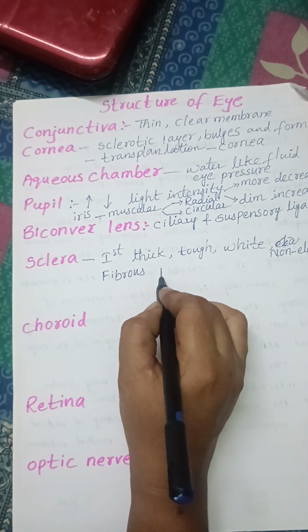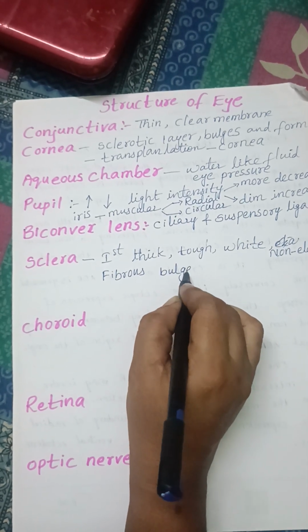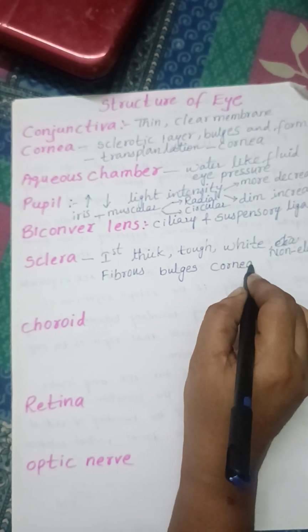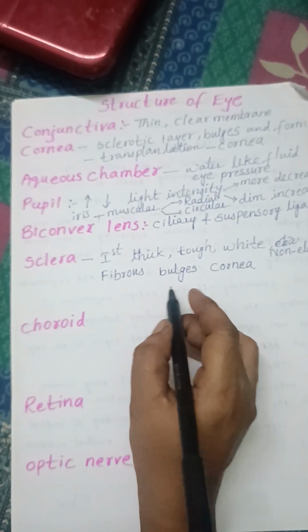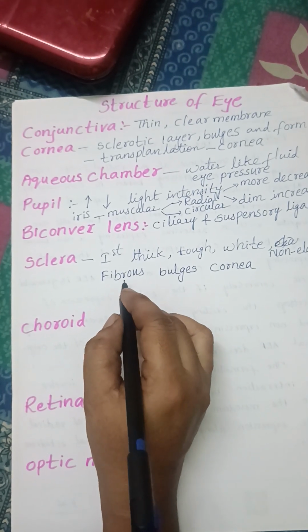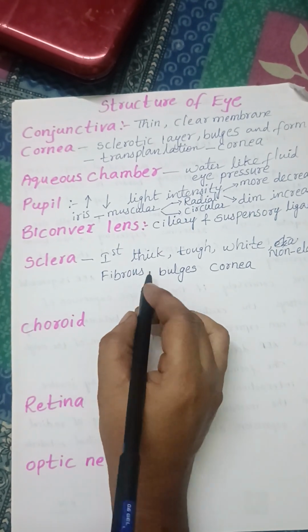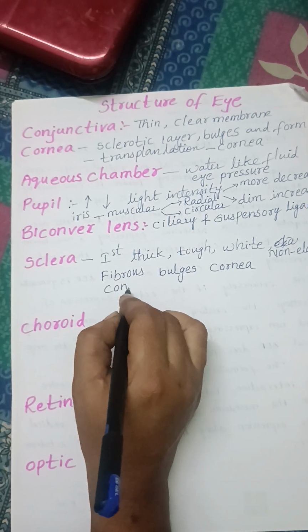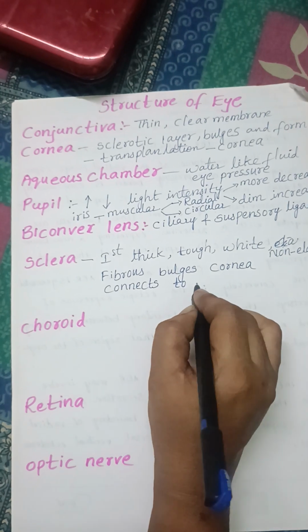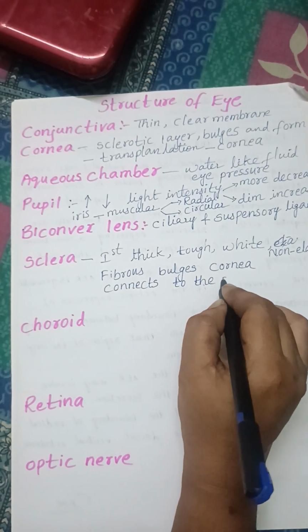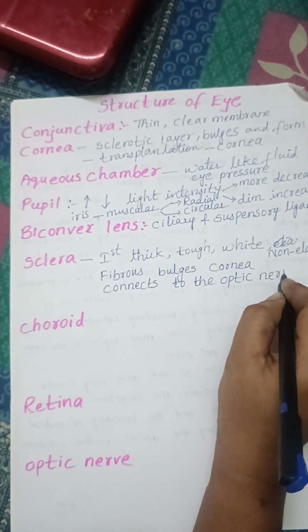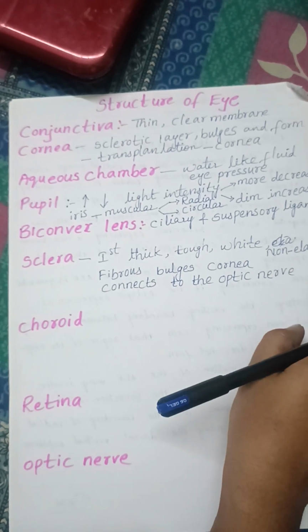So it bulges and forms cornea. And the end of this sclerotic layer is for the optic nerve. It connects to the optic nerve.